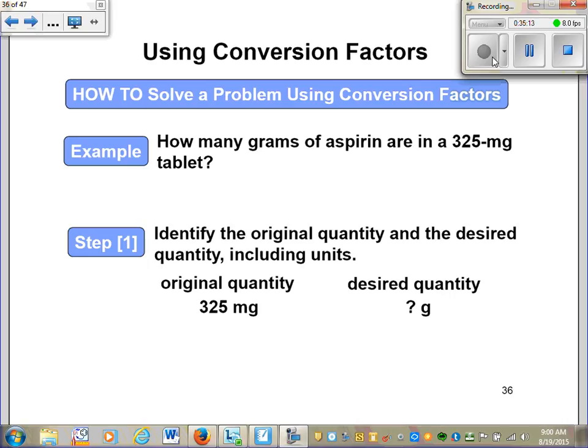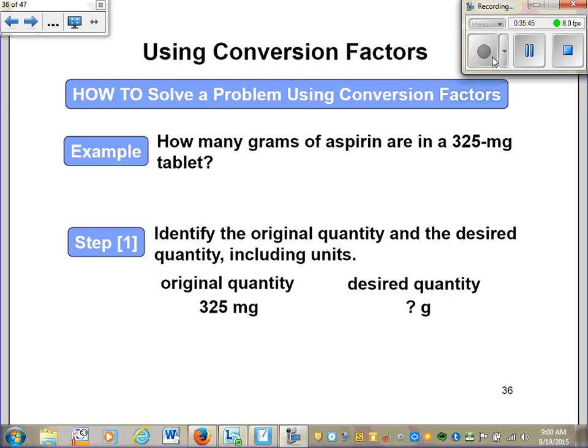Here's another challenge. Do not use your calculators. It's in the book. I know it's in the book. Try doing it without the book. What are we starting with? 325 what? Always have the units. What do we want to end up with? Grams.